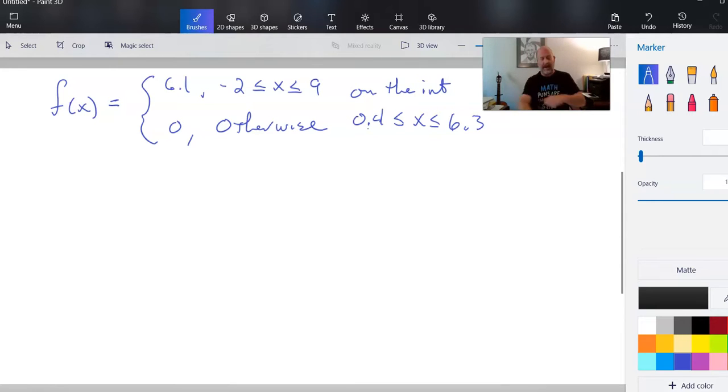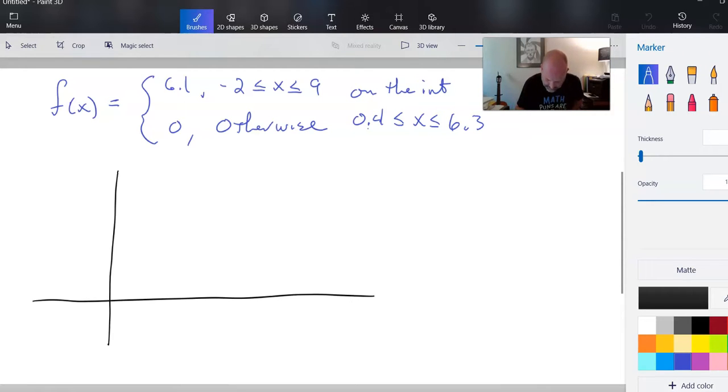Okay, so again, we're going to have to graph it. I can't emphasize how important the picture is because it really tells you a lot. Okay, so let's do this again here. I can see this runs from negative 2 up to 9, right? That's from this part. And I can see it has a value of 6.1 at that point. So let's go ahead and say that this is 6.1.